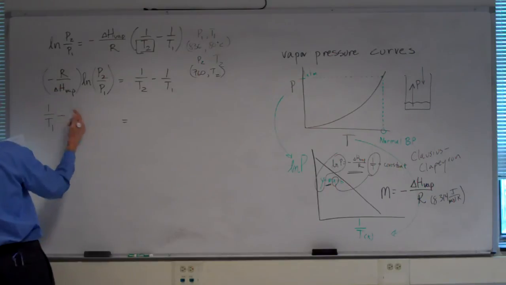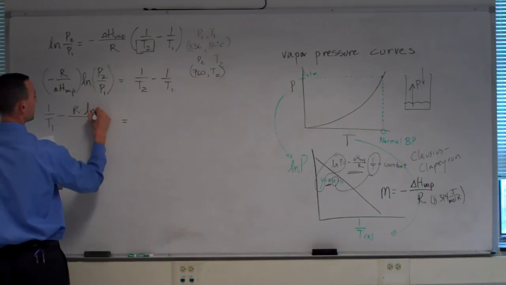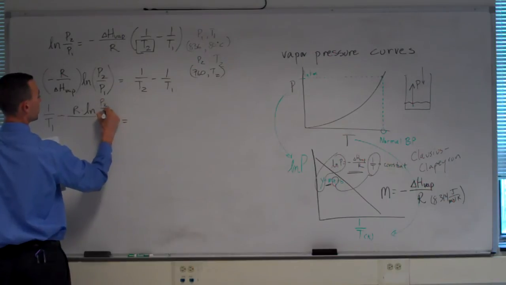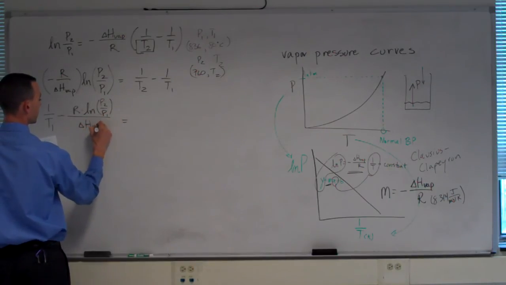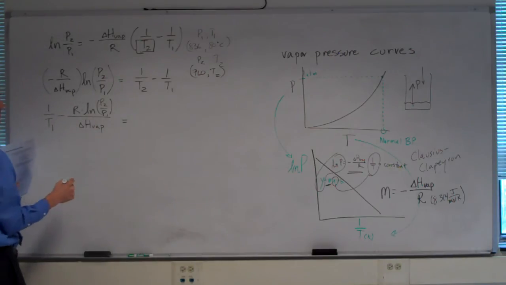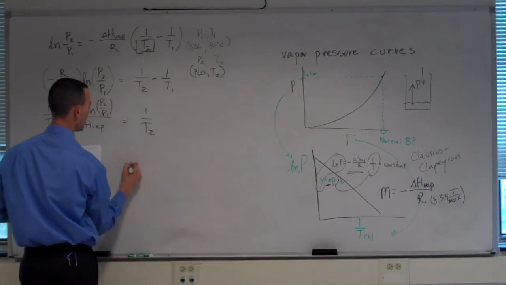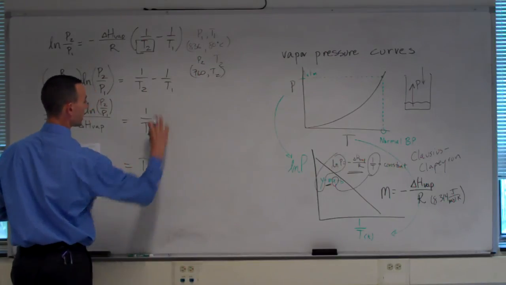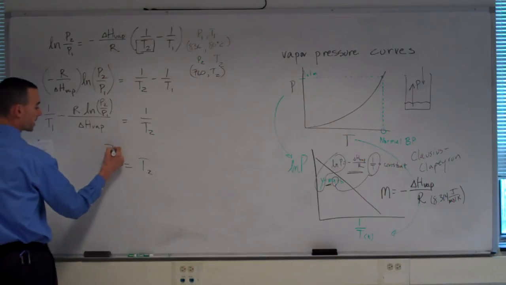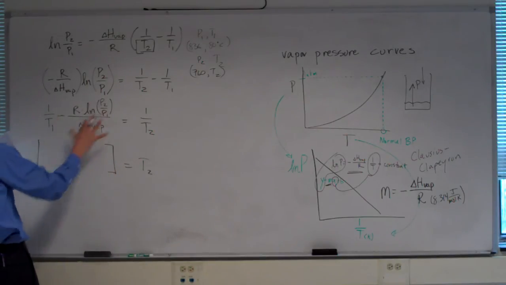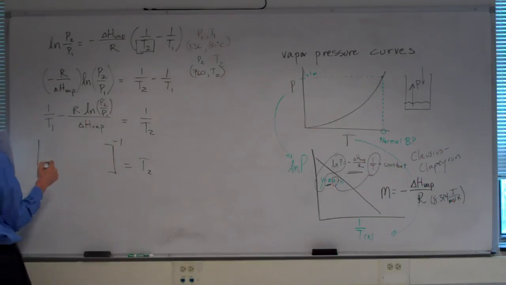Added to this, now because of the negative sign, I can just have it as minus R times the ln of P2 over P1, all divided by the delta H vaporization. Okay. That's 1 over T2. T2 would simply be the reciprocal. I'm not even going to bother to try to manipulate this. I'm just going to raise it all to the -1.